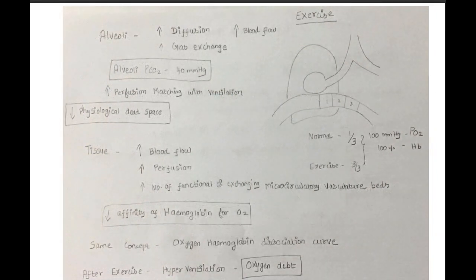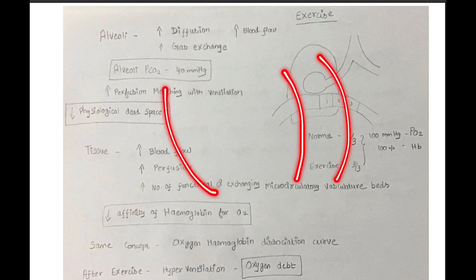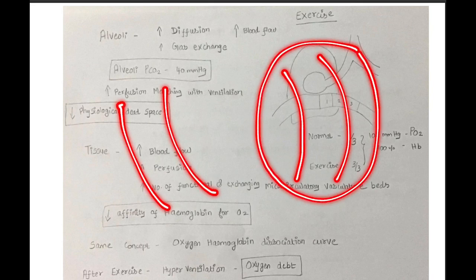When there is increased blood flow in the body, that means 30 to 35 liters of blood flowing through the arteries and also through the venous system, the partial pressure of oxygen, carbon dioxide and pH in the arteries will never change.